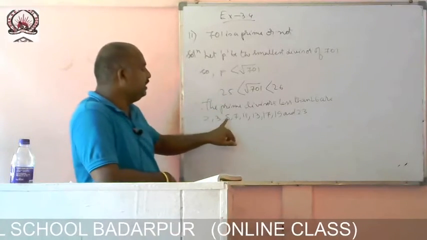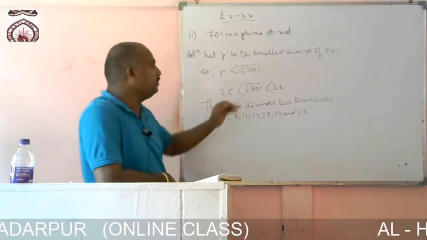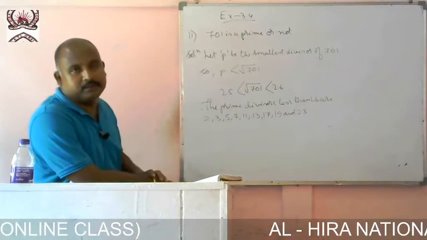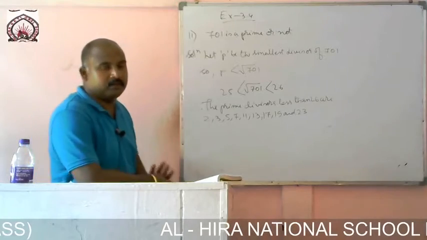So 701 is what type of number? 701 is a prime number.